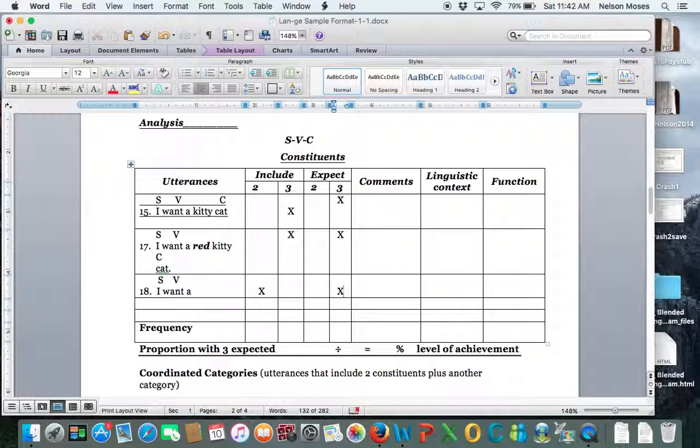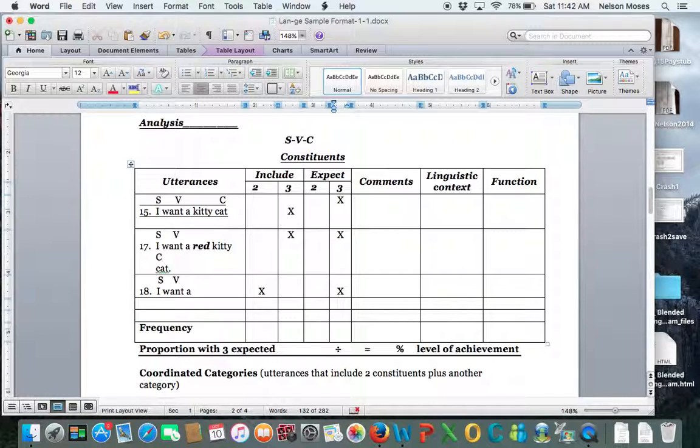You may need a criterion reference statistic, and we will later address how you actually compute an achievement score based on this included and expected analysis. Like pragmatics, we'll come to that later on. I'm not going to get there today.